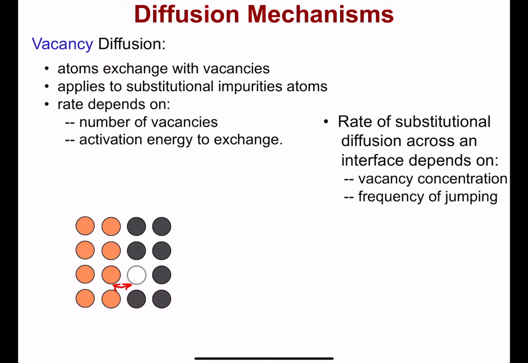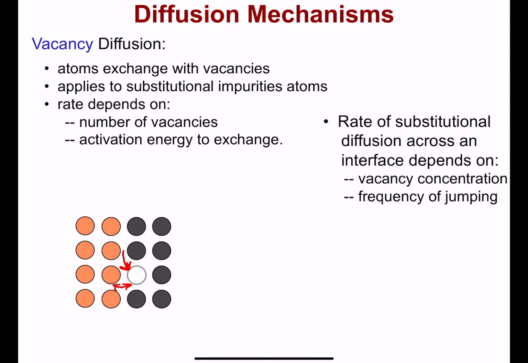This is also the case not only for the pure metals, where the metals diffuse within themselves, but this would also be the case when we have substitutional impurities like in the copper zinc. So of course, zinc can switch to that vacancy site and the copper can as well.